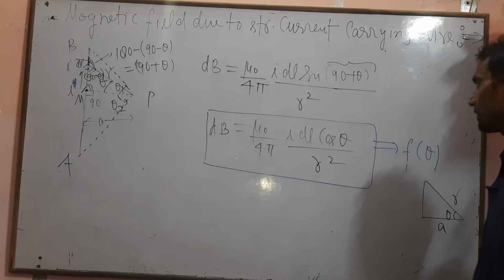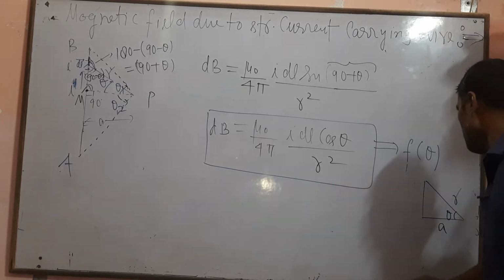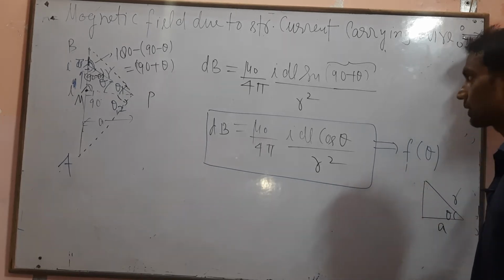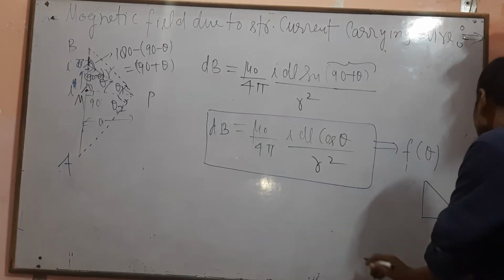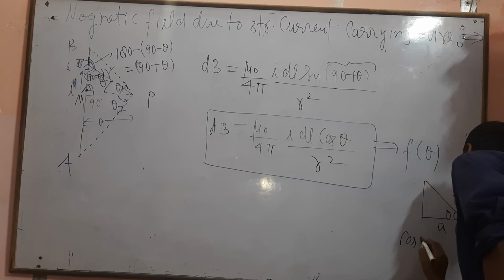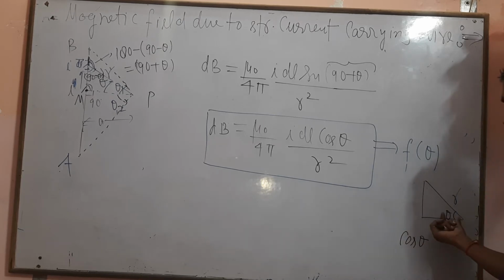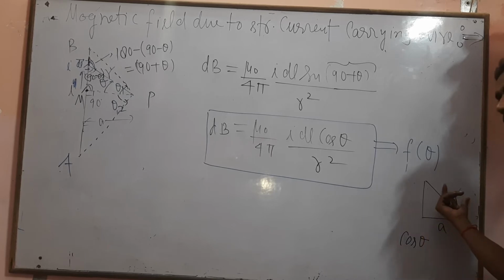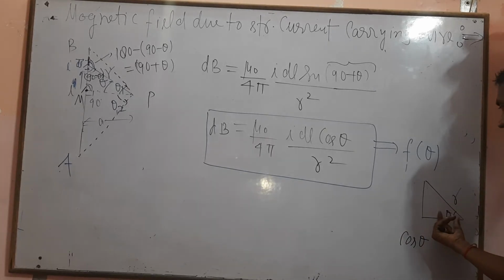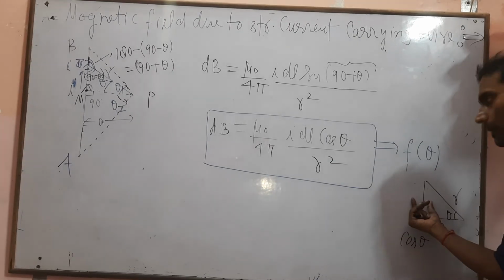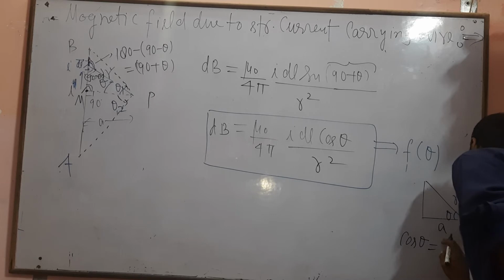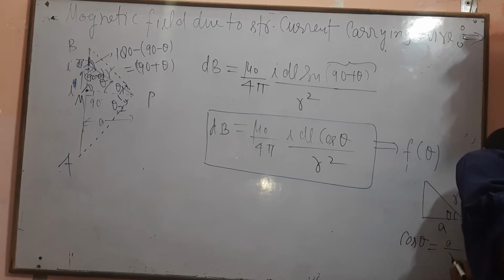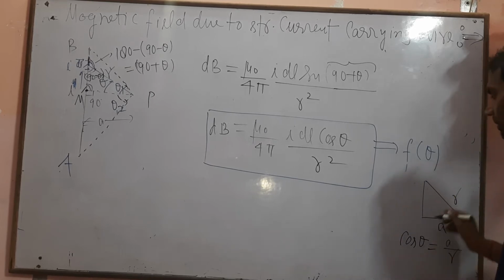We are trying to solve for cos theta. In this triangle, cos theta equals base upon hypotenuse. This is the base, this is the hypotenuse, and this is the angle theta. In front of angle theta is the perpendicular, and this is the base. So cos theta equals A divided by R, base upon hypotenuse.